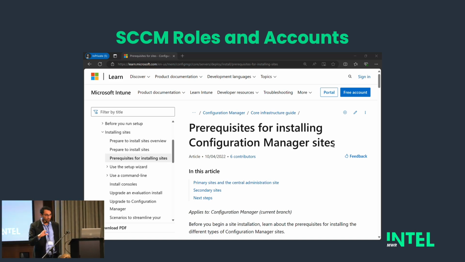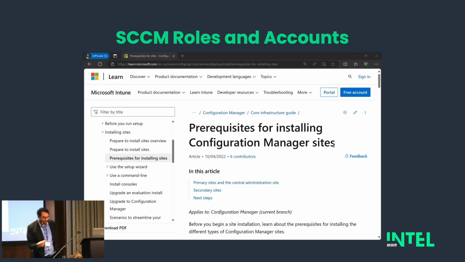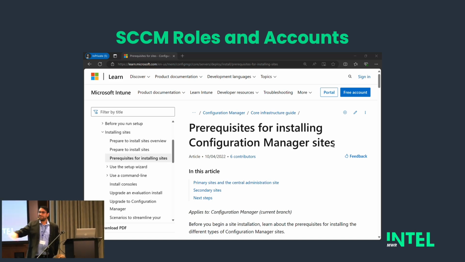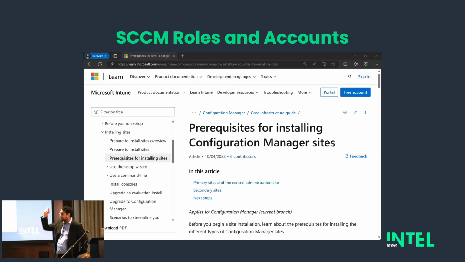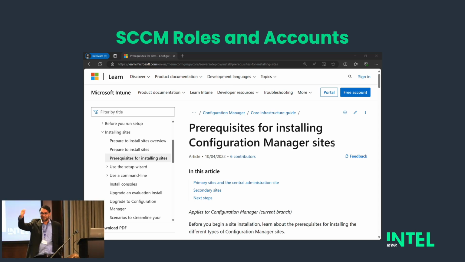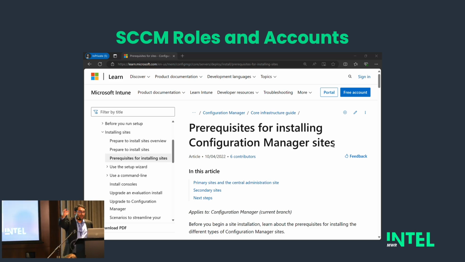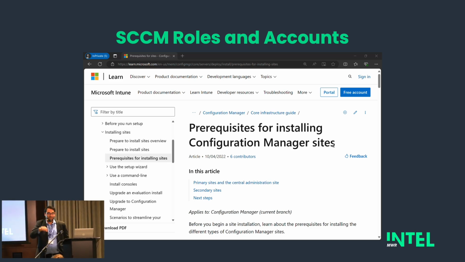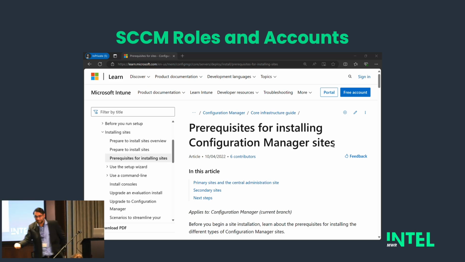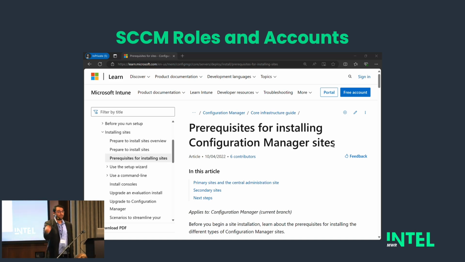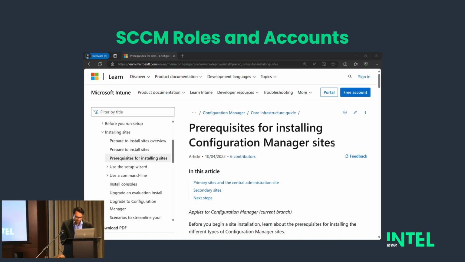There are lots of different roles that have similar types of permissions. So this is effectively saying that the computer account of the central administration server needs to be an administrator on the primary site server. That means the computer itself, not the users that log into the computer, needs administrative rights. The one that's most commonly exploited, and I think I have an example of it, sorry.